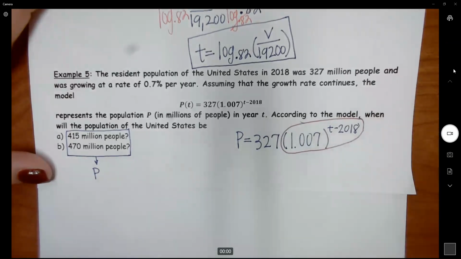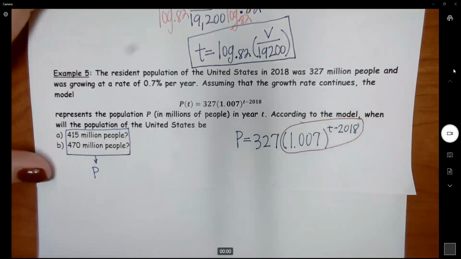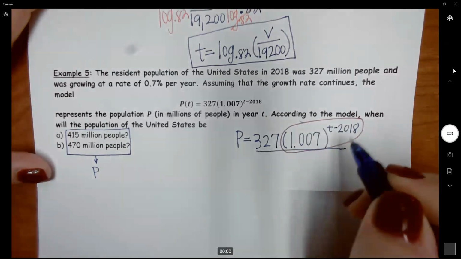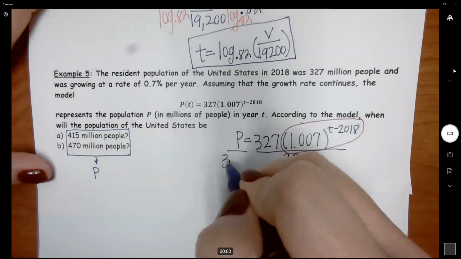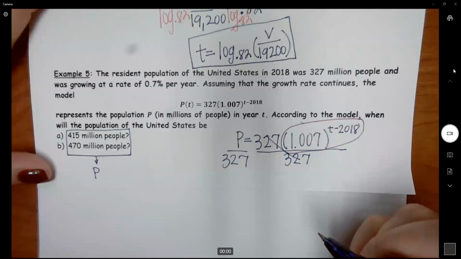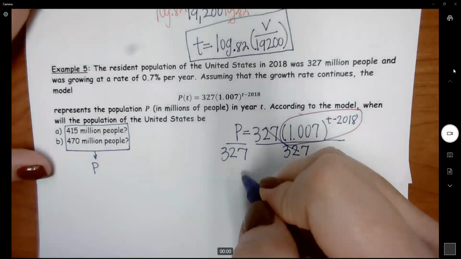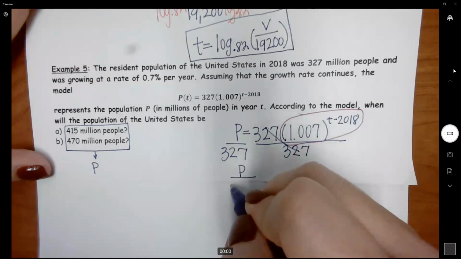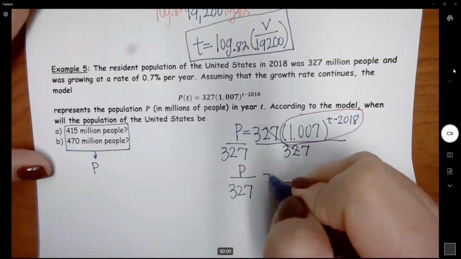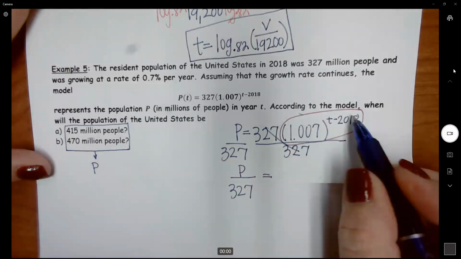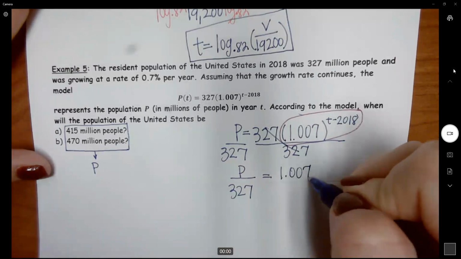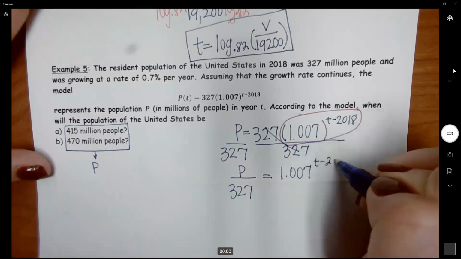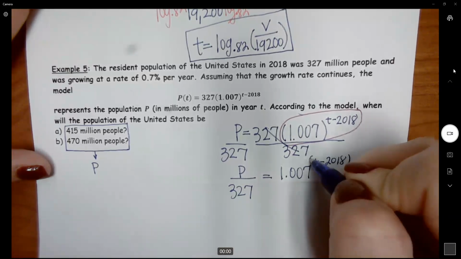This is my exponential term. So I need to divide everything by 327. So I have P over 327 equals what I have in that circle, 1.007 to the T minus 2018 power.